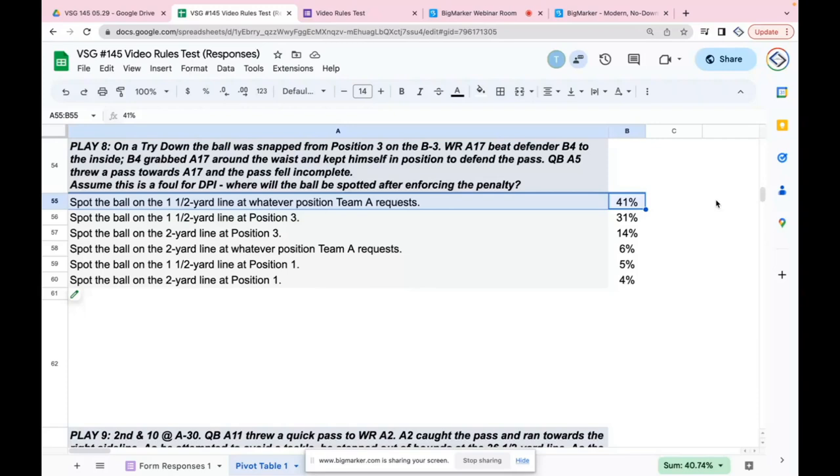Now, what we learned from this question is that we are going half the distance to the goal, to the 1.5. If they want it, by the way; they don't have to take that yardage. We also learned they don't have to be at position 1 anymore. They can go to any position they want. They have ball in hand. They can even stay at the 3. They could stay at the 3 with ball in hand and decide to kick it or decide to go for 2. It's crazy.